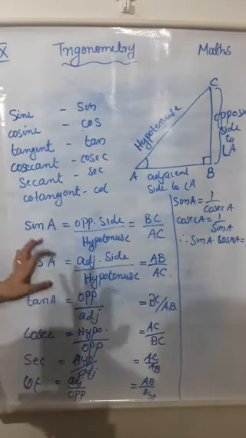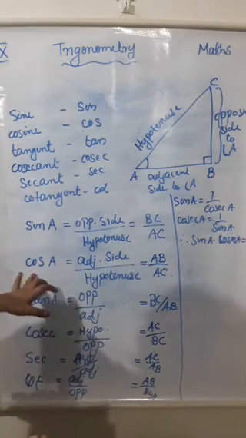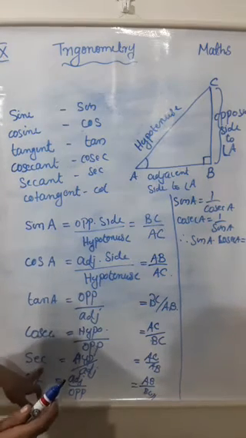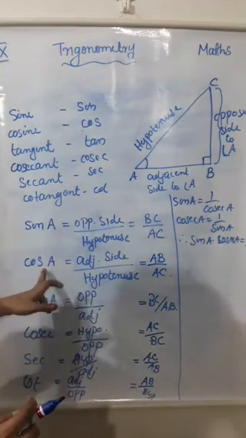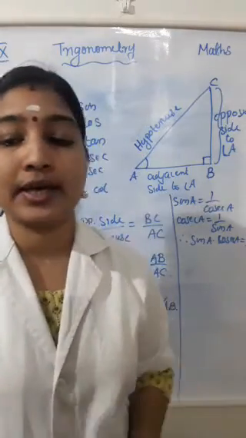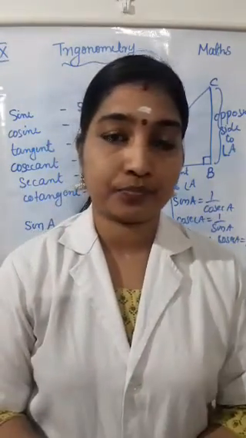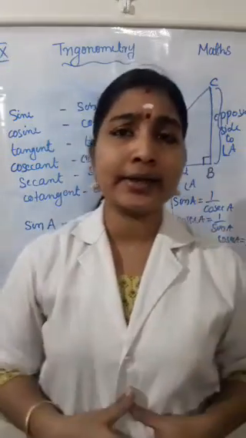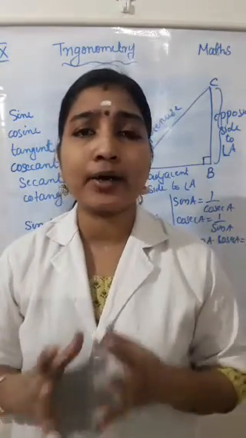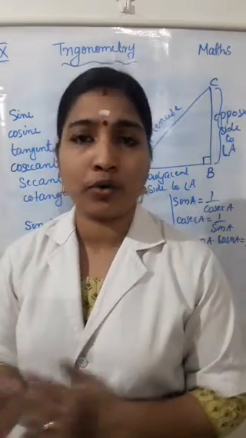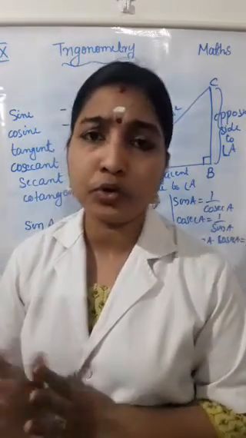So similarly cos A is equal to 1 by sec A, and sec A is equal to 1 by cos A. Cos A into sec A is equal to 1. Then cot A is equal to 1 by tan A, and tan A is equal to 1 by cot A. Cot A into tan A is equal to 1.